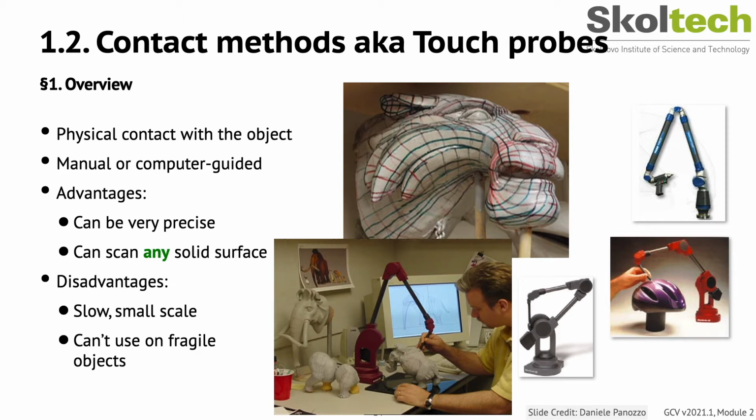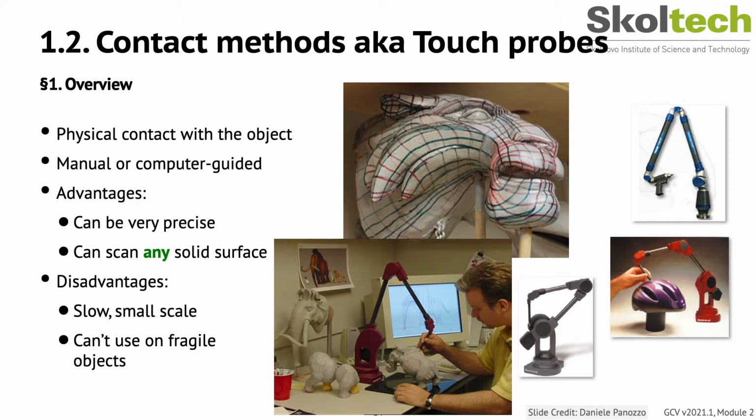For example, the coordinate measuring machines are able to position their handle or probe using an elaborate computer-guided machinery. Their common advantages are that they can be very precise down to micrometer precision, and they can also scan any solid surface, be it transparent, translucent, or reflective.